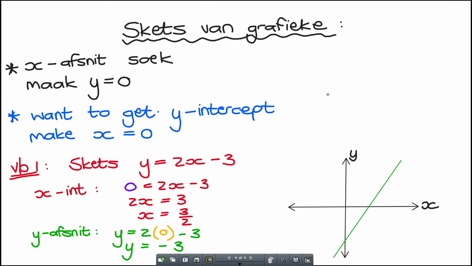Right, so it's going to cut through here where y is minus 3 en hy gaan hier sny waar dit 3 op 2 is.